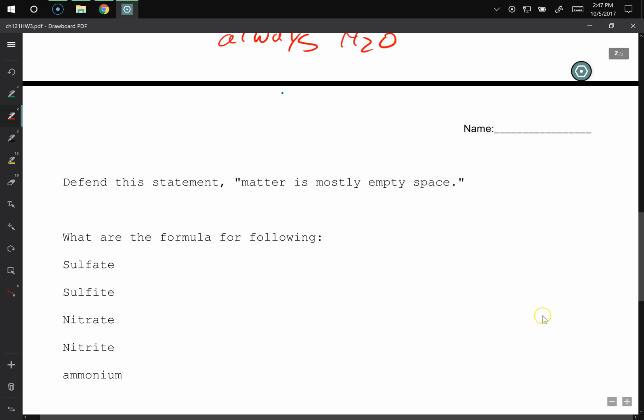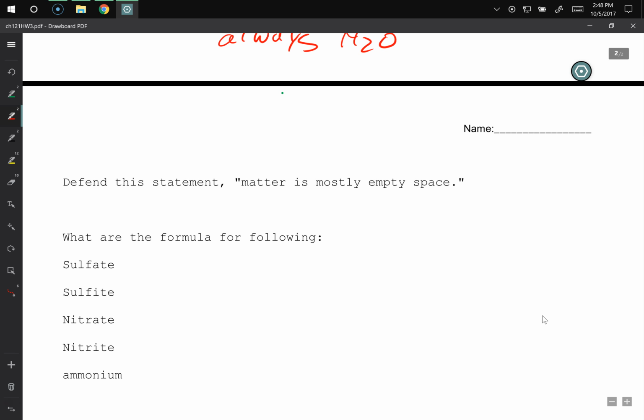How about that empty space comment there? Matter is mostly empty space. The volume of space that the electrons have to navigate through is enormous compared to the tiny nucleus on the inside.